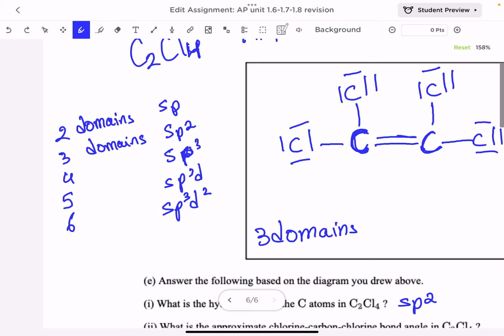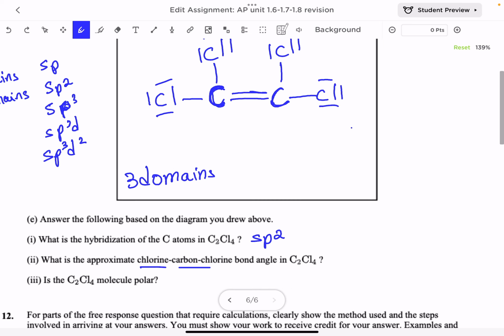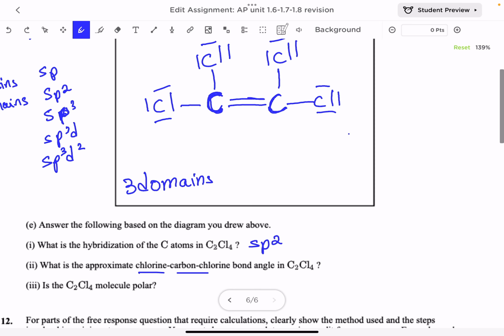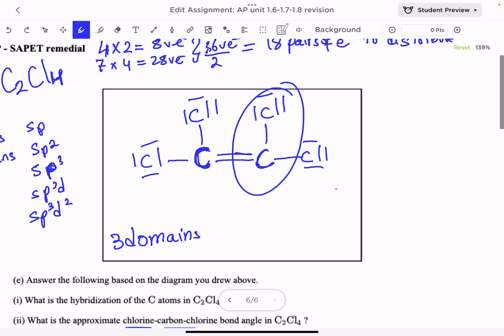Now, what is the approximate chlorine-carbon-chlorine bond angle? Okay, that requires memorization. So anyway, let's focus on one carbon. There's this carbon with a Cl and another Cl and a double bond.